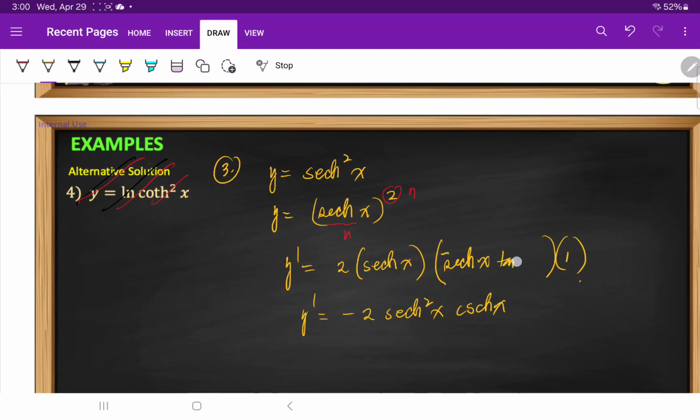Secant tangent. So this must be hyperbolic tangent. So this is the final answer.